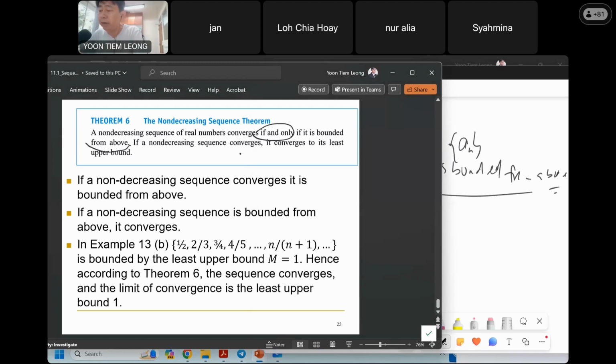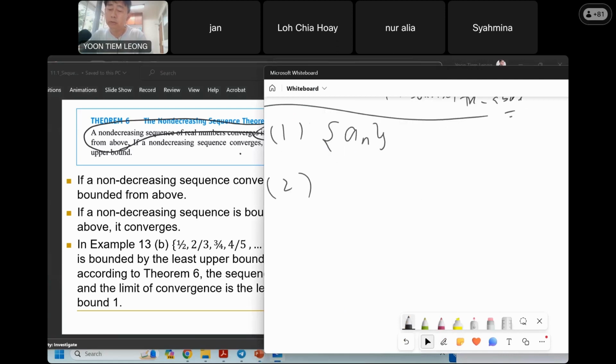So I reread this sentence. It says a non-decreasing sequence of real numbers converges if and only if it is bounded from above. A non-decreasing sequence of real numbers, if it is bounded from above, then it converges. So it goes two ways.